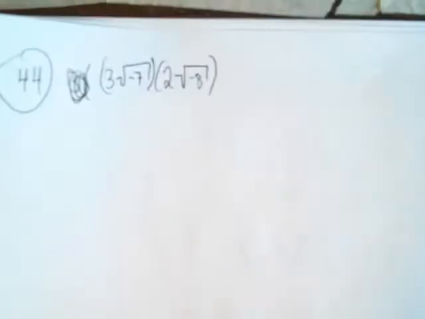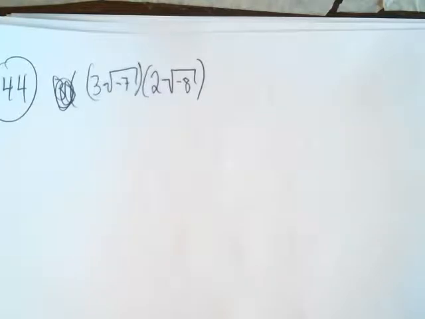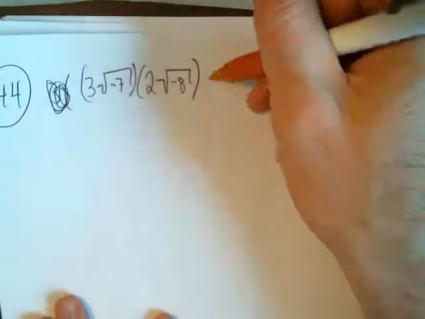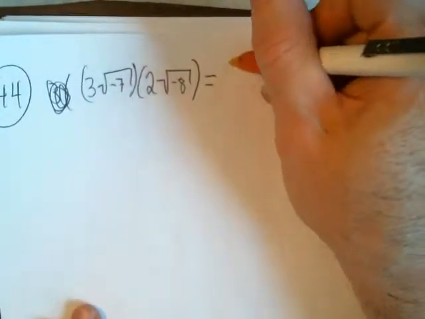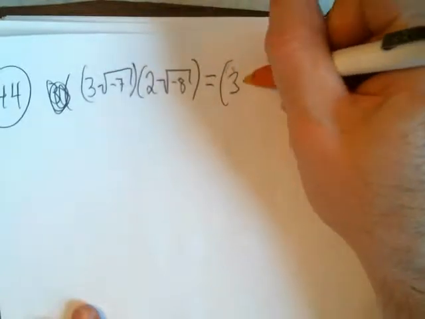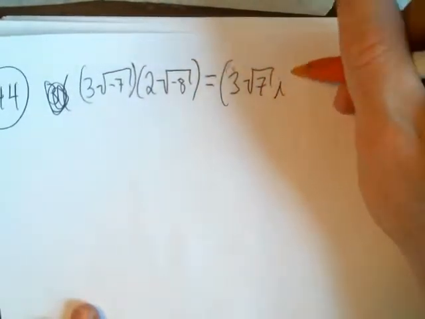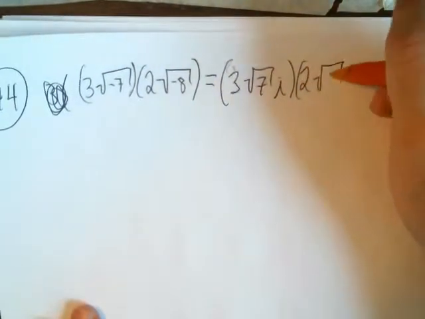Okay, so the warning from before applies here. You want to go ahead and march out the i's before you start fooling around. So you get 3 radical 7i times 2 radical 8i.